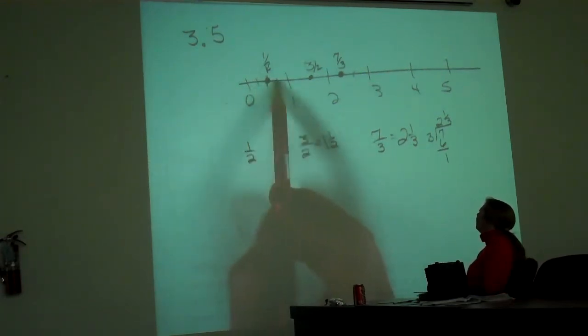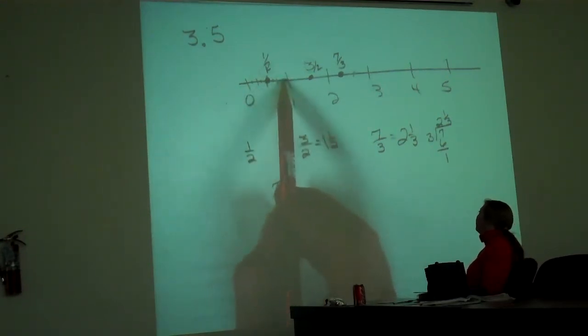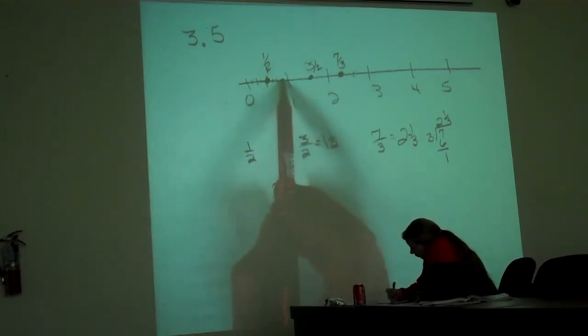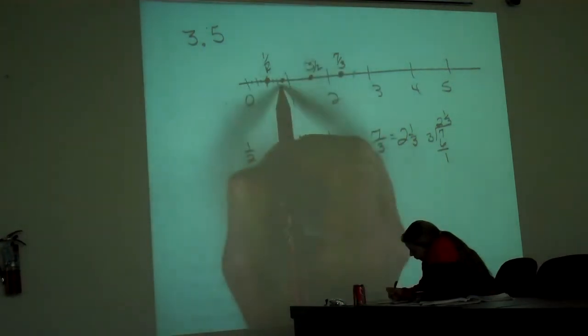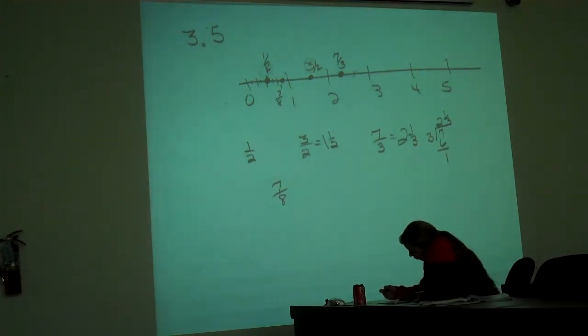There's 1, 2, 3, 4. That's fourths, and then half of that would be your eighths. So it would be right there. It would be 1, 2, 3, 4, 5, 6, 7 eighths. Okay?